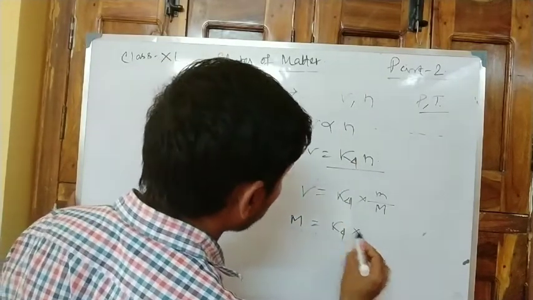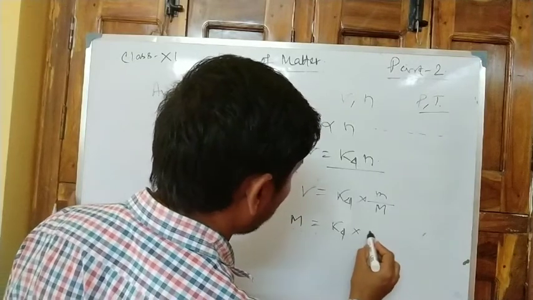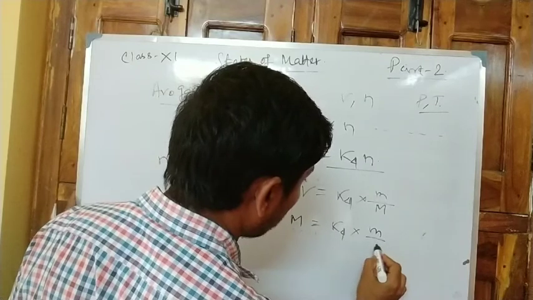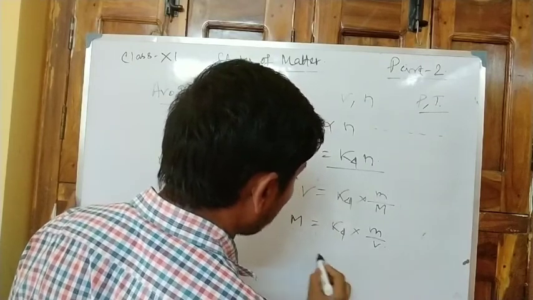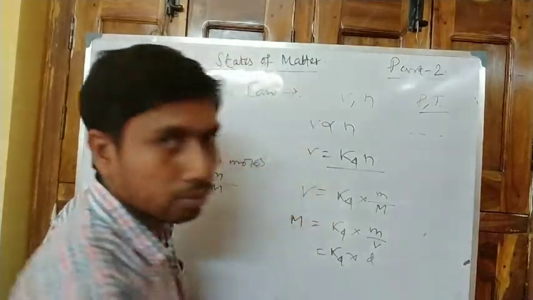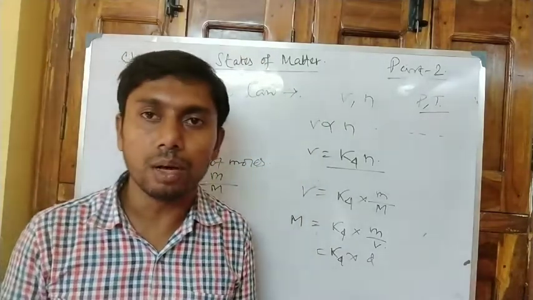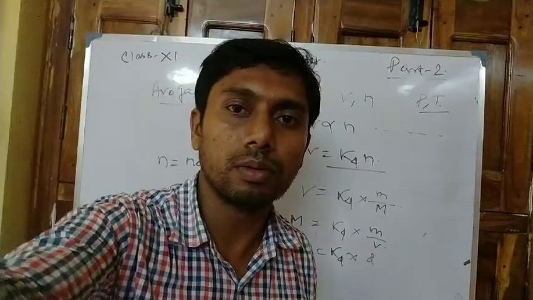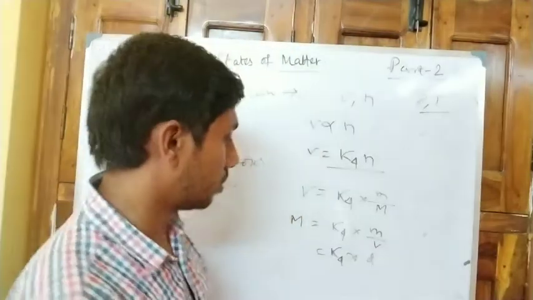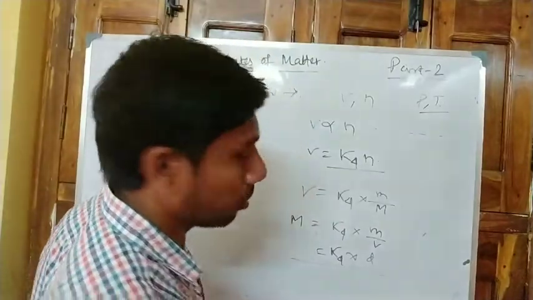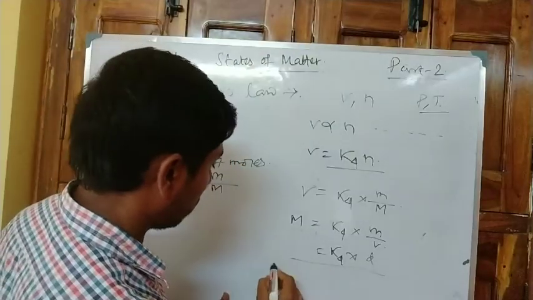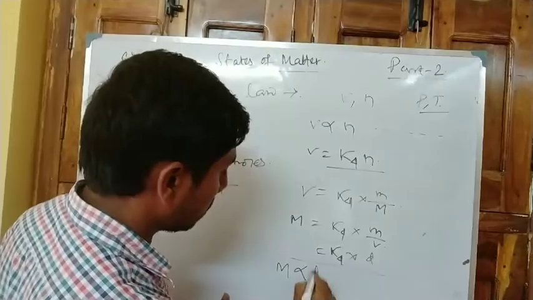M equals K4 into M by V. So K4 into M by V equals D, so K4 equals M by D. This is the mathematical expression of that. M varies as D.